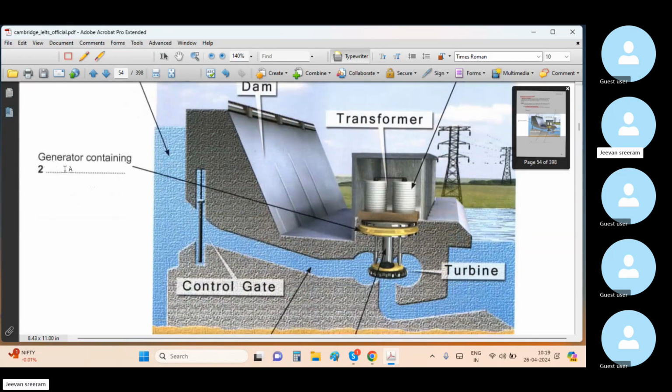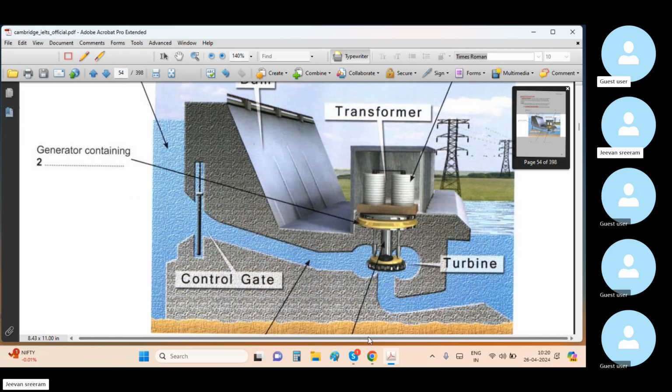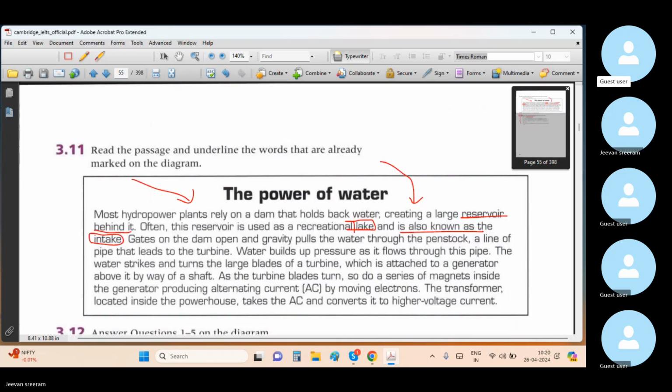The second one, generator must have consisted of something else. What is that? Generator consisted of what? That's the question I have to answer.